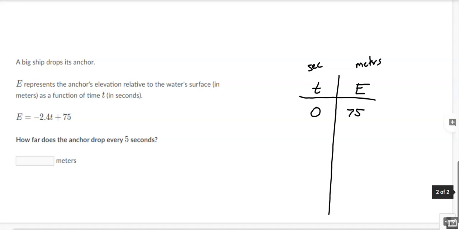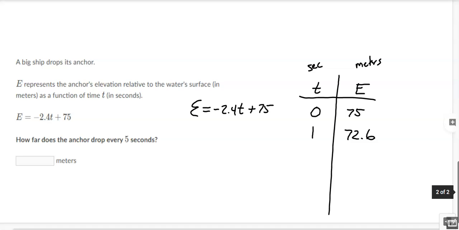So we're starting 75 meters above the water surface. So this must be a huge ship, big ship. If I do the equation, E equals negative 2.4 T plus 75, and I put 1 in for T, that's negative 2.4 plus 75. So that's 72.6. So our anchor is getting closer to the water.